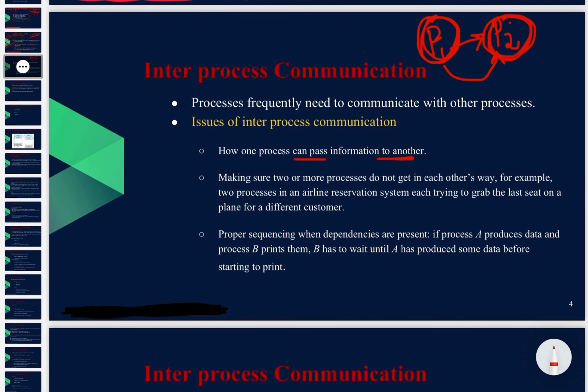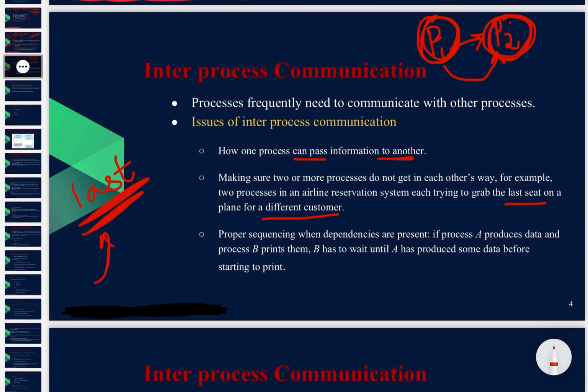The second issue is making sure two or more processes do not get in each other's way. For example, two processes in an airline reservation system, each trying to grab the last seat on the plane for different customers. If there is a last seat, which customer should get the seat?